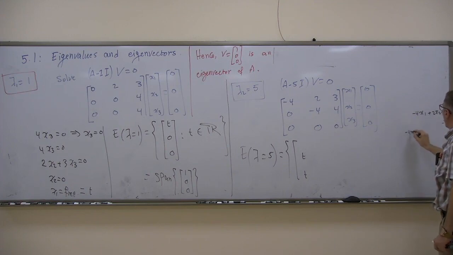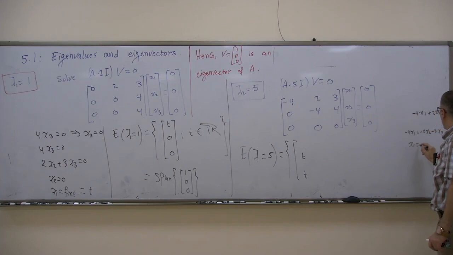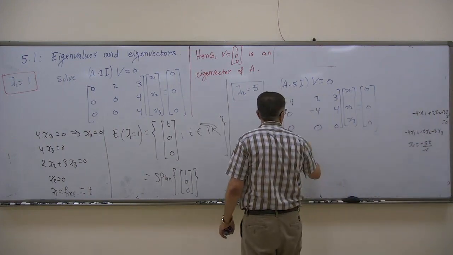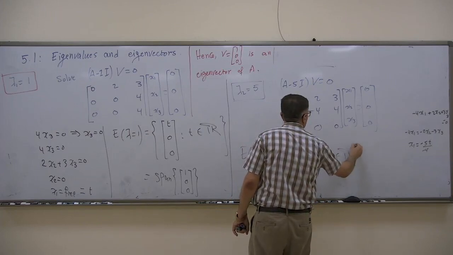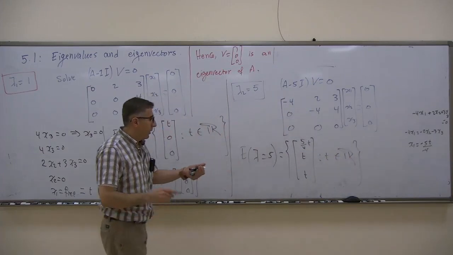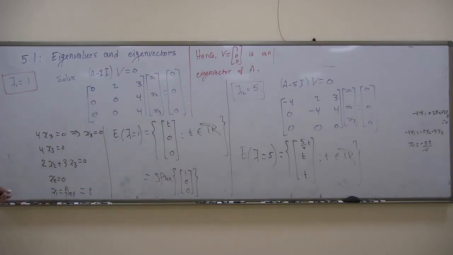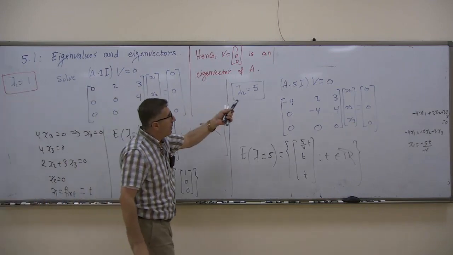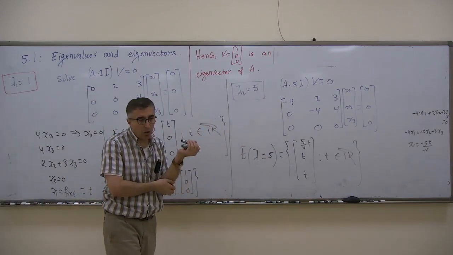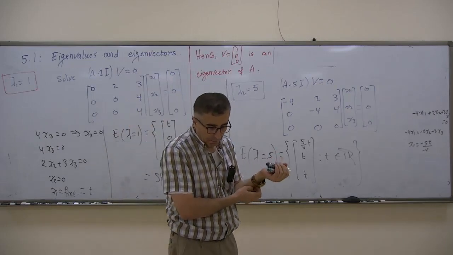So negative 4x1 is going to be negative 2x2 minus 3x3, and x1 is going to be negative 5t over negative 4. So this is 5 over 4 t, such that t belongs to R. Double check that, and I'll leave it for you to finish the details here. Okay, so for this matrix that I started with, we found all eigenvalues and all eigenvectors here.